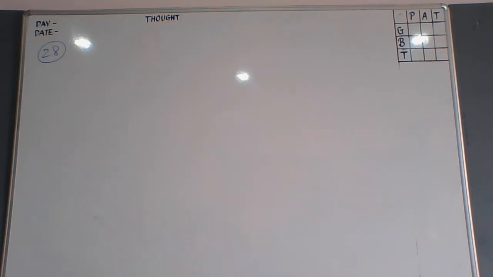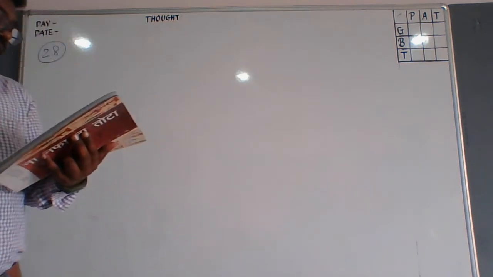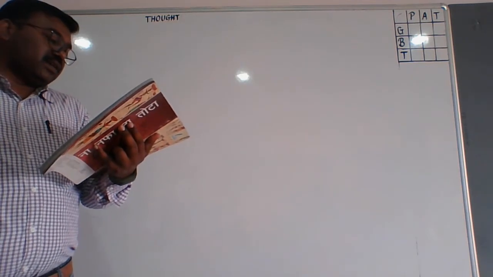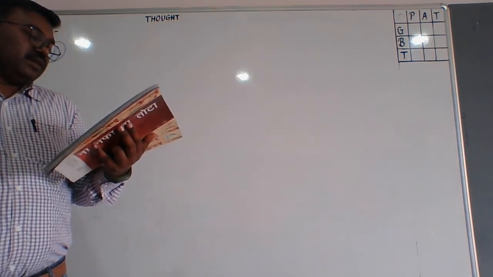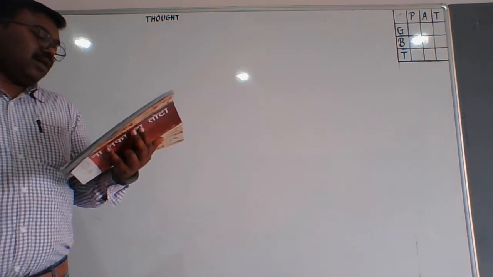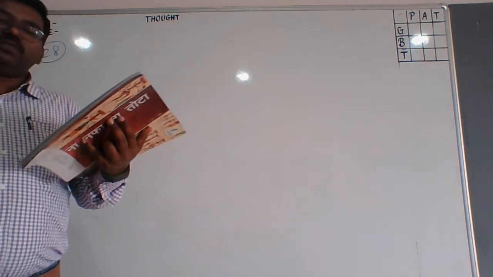The question is, in the given figure, a rectangle ABCD encloses three circles. If BC is equal to 14 centimeter, find the area of the shaded portion. Value of pi is 22 by 7.